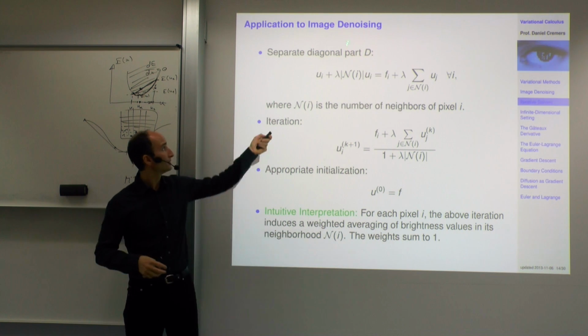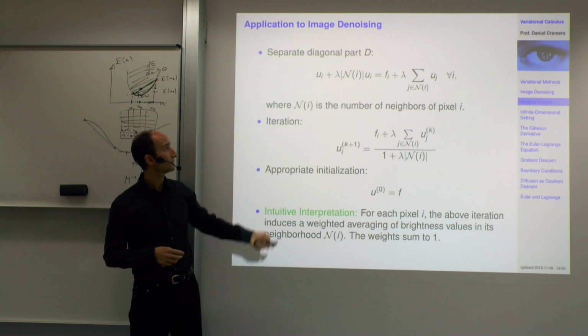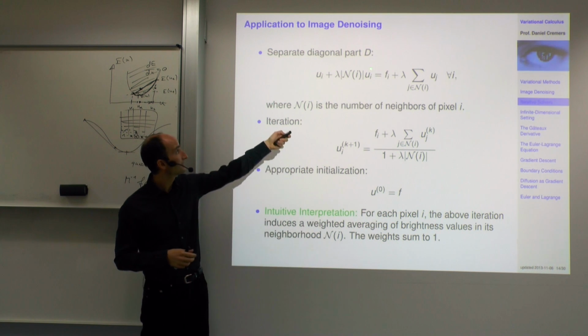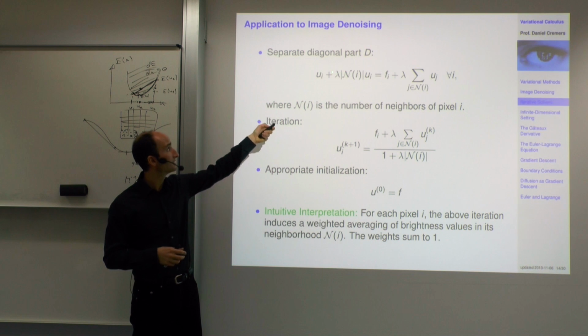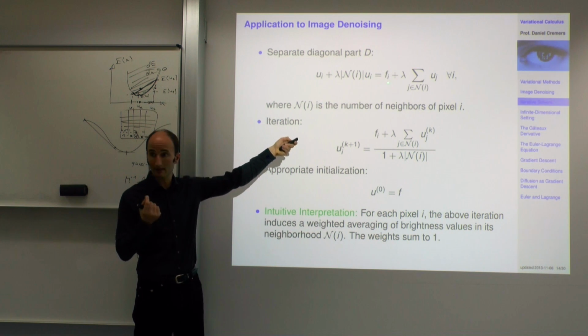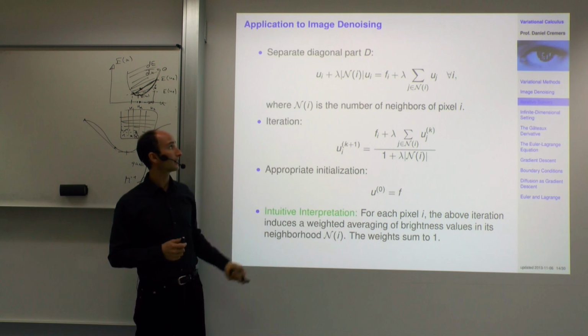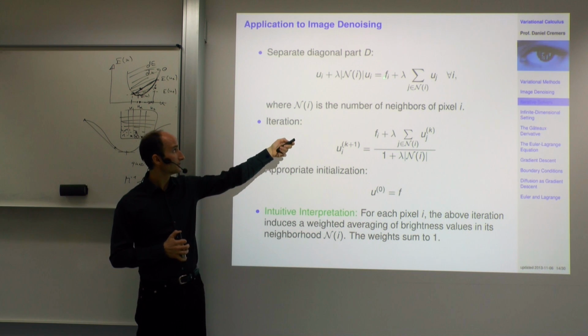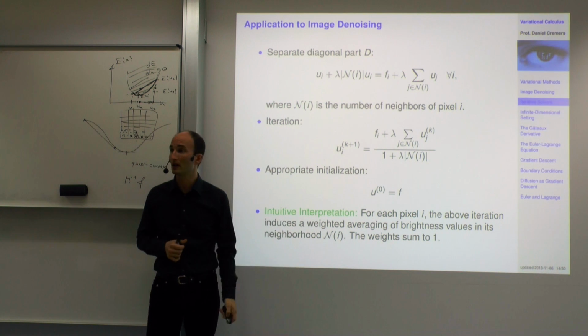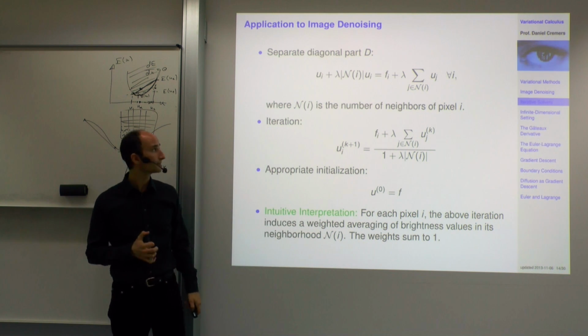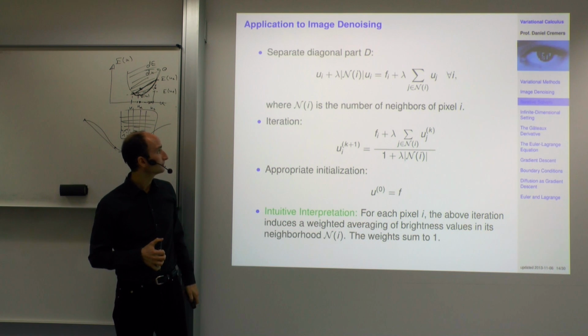If you have 4 neighbors, you have 1 plus 4 lambda times ui. And this is the diagonal term, right? This is the terms that depend on ui, the central pixel, and these are the terms, the off-diagonal terms, and the constant. So fi is the constant, and lambda times the neighbor values is the off-diagonals.